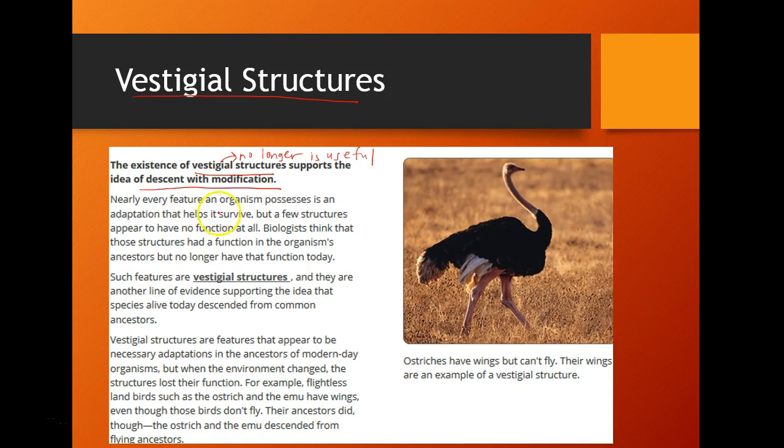So nearly every feature of an organism really is an adaptation that helps it survive. We don't really have things that don't help us because we're very efficient organisms, right? If something doesn't help us, we probably have either lost it or it isn't really apparent. However, there are a few structures that really don't have any function at all, and these structures are actually quite interesting because if it serves us no function, then it might cause you to think, why exactly do we have this structure in the first place?